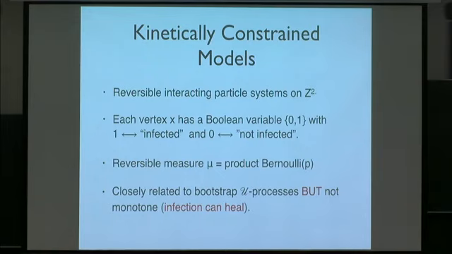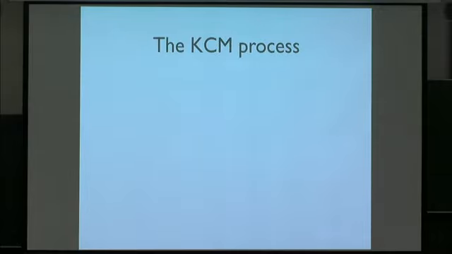And they are very closely related to bootstrap processes, but they are not monotone. In the bootstrap process, the set of infected vertices can only increase in time, or at least not decrease, while here the set of infected vertices can increase but also decrease. So that adds many new features.